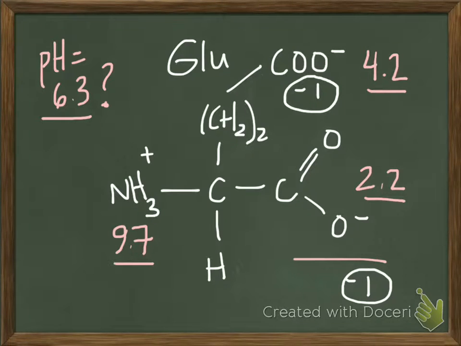There's over 2 pH units difference between these two, and the pKa is higher than the pH. So we'd know that this is totally protonated, and there'd be a +1 charge. So to calculate the overall charge, you just add up your charges, and in this case, the overall charge would be -1.